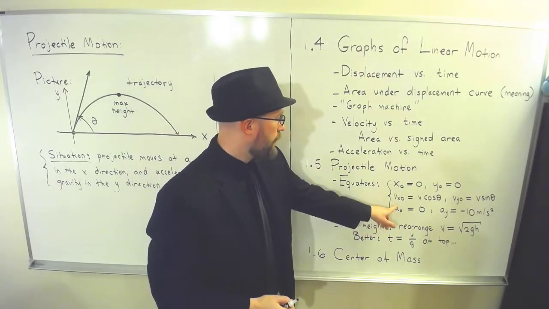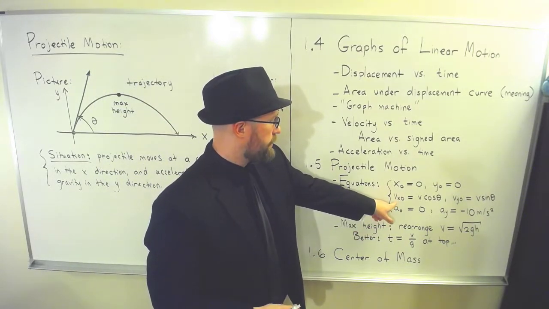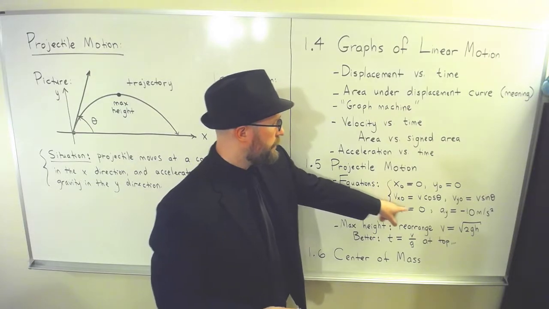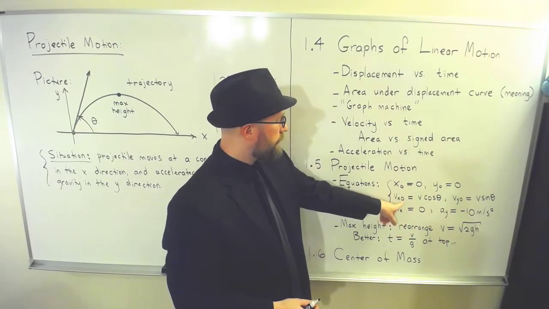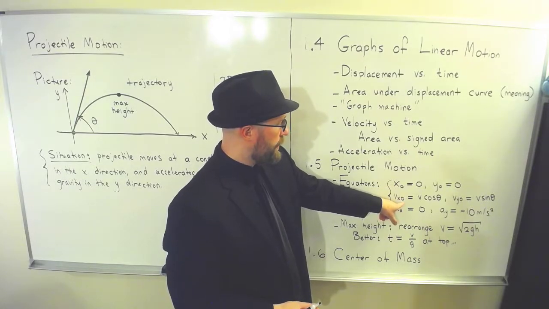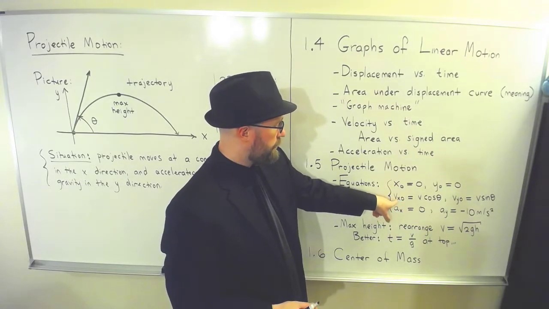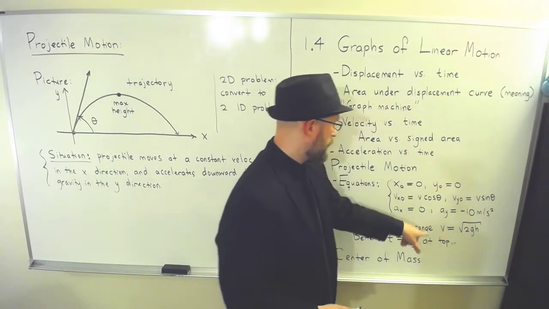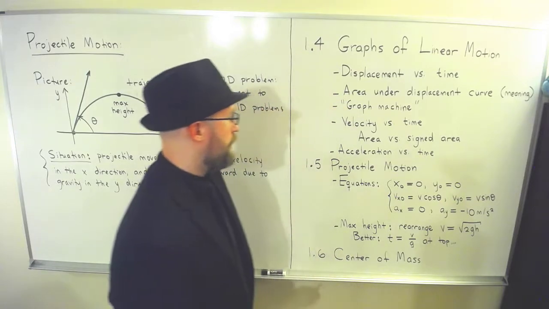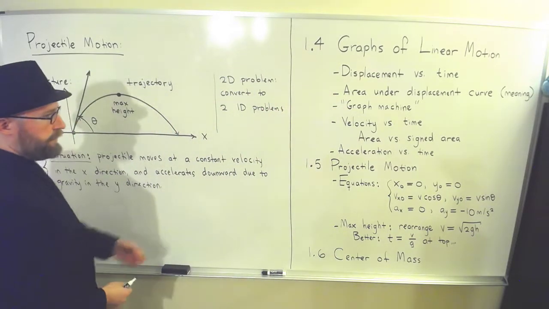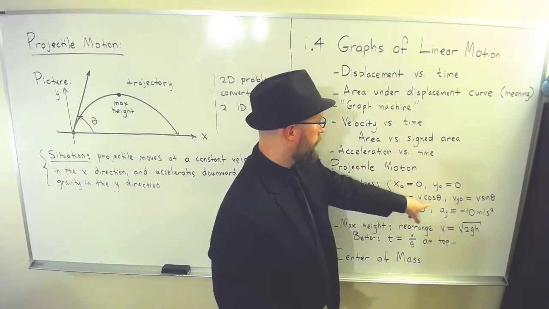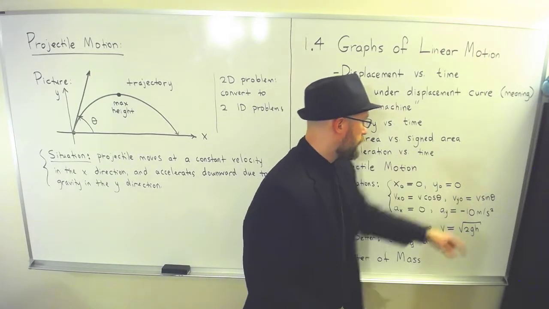Now, what I'm doing for the velocity is I'm calling the two components of the velocity Vx and Vy. And the 0 is the initial value of the x component of the velocity, and here's the initial value of the y component of the velocity. So these two equations here, Vx0 equals v cosine theta, Vy0 equals v sine theta.